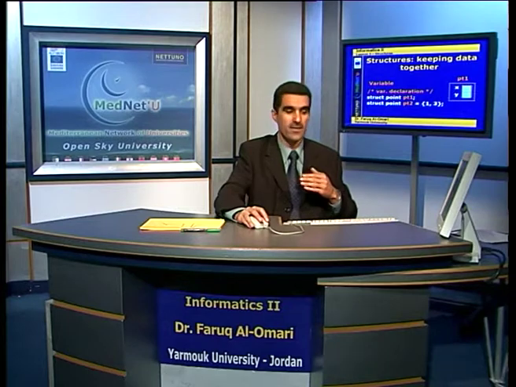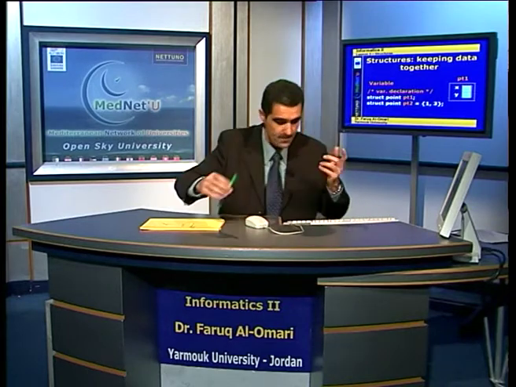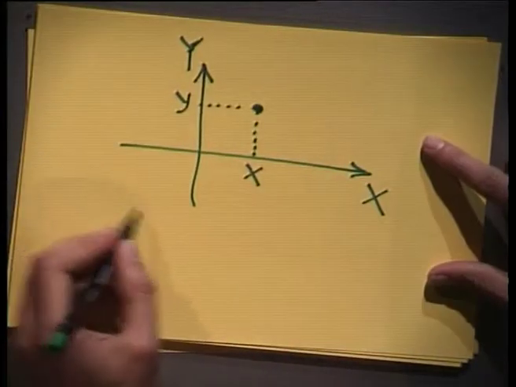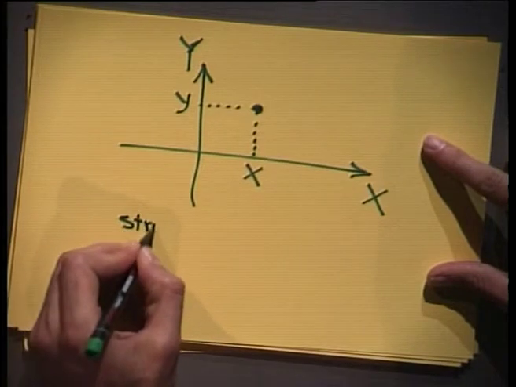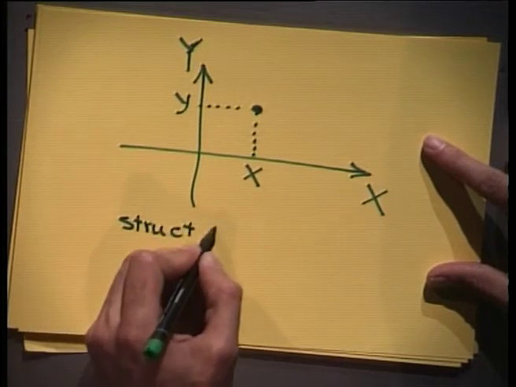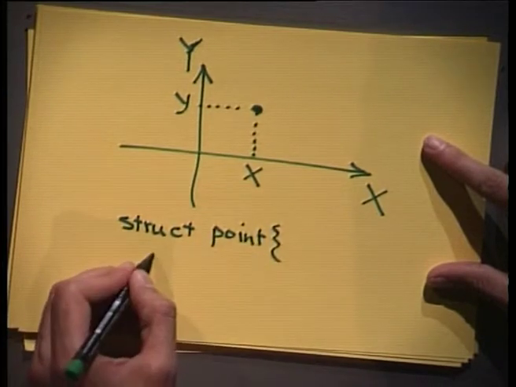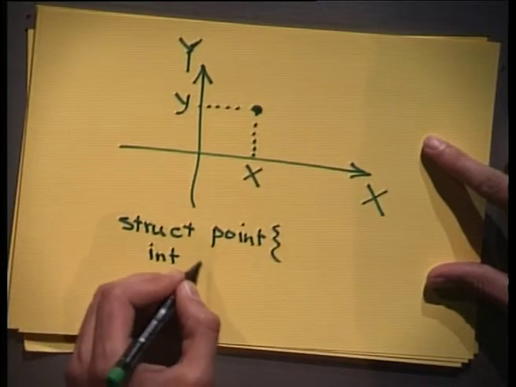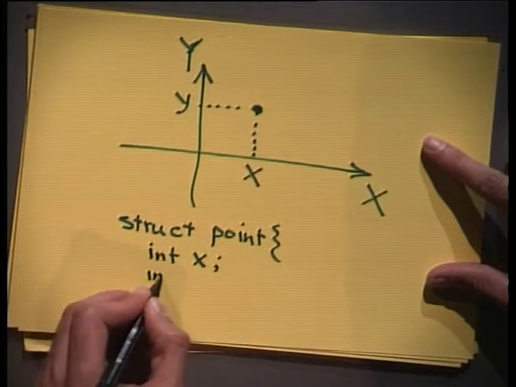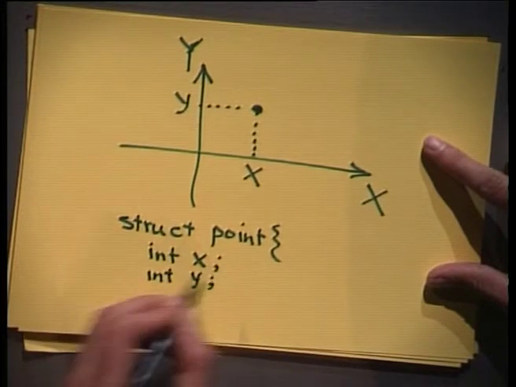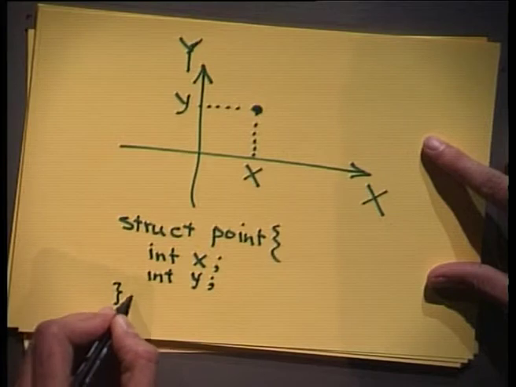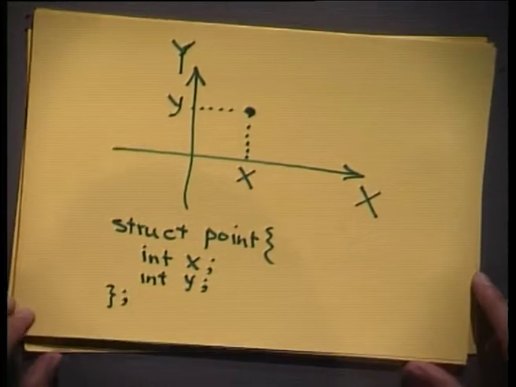In our case, the structure that we had was something like this: struct point, okay, and I have two variables in here, integer x, integer y, and I ended the declaration like this.